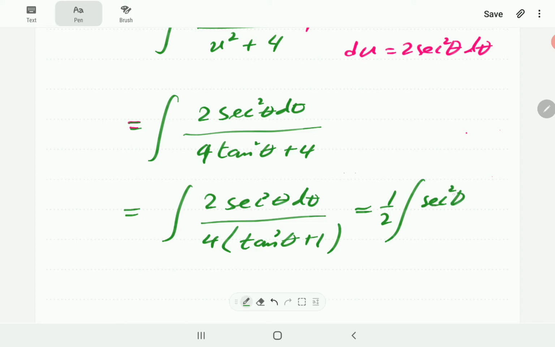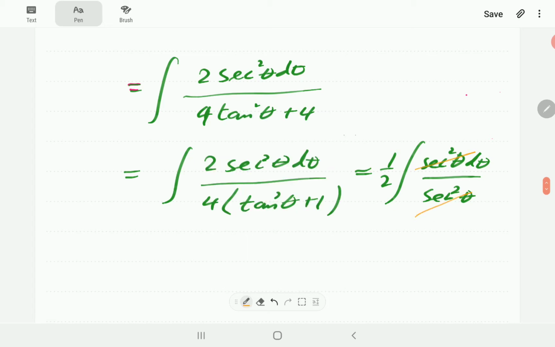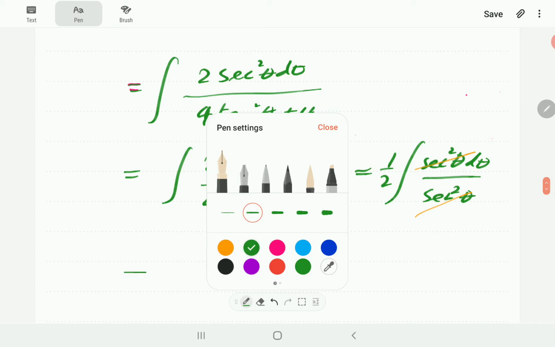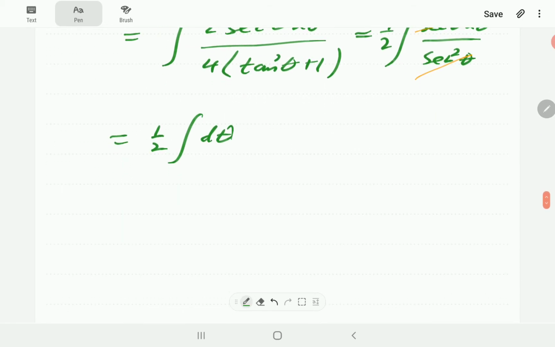In the numerator we've got secant squared theta d theta, and tangent squared plus 1 is also secant squared. So you are going to notice that this cancels out. We just have 1/2 times the integral of d theta, and so this is going to be 1/2 theta plus c.